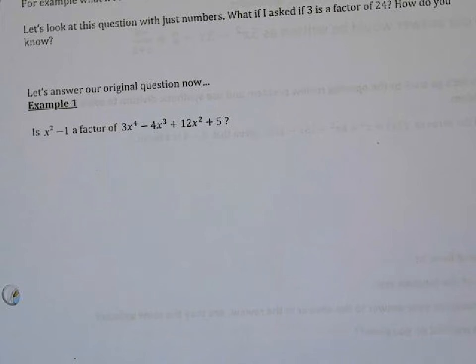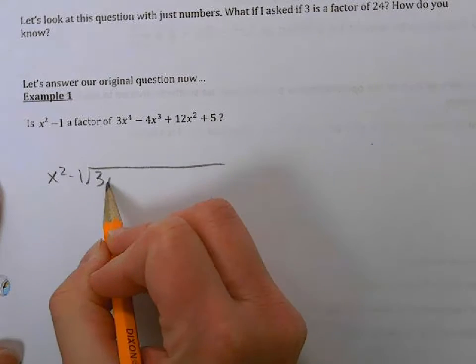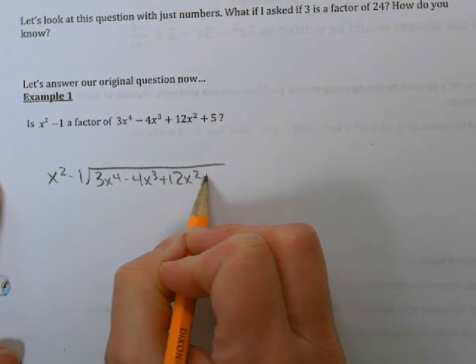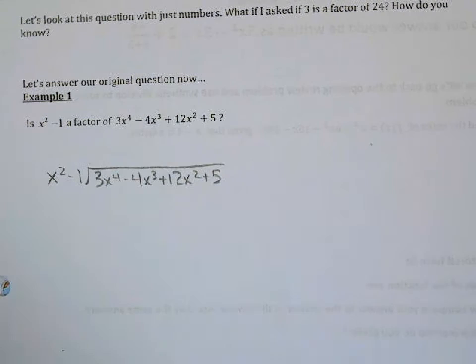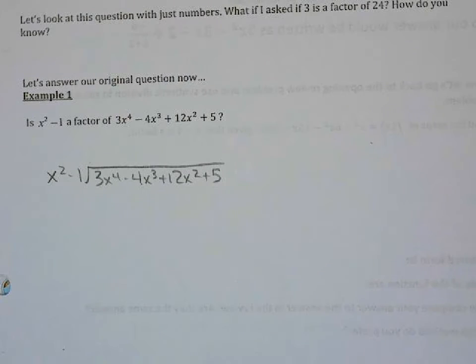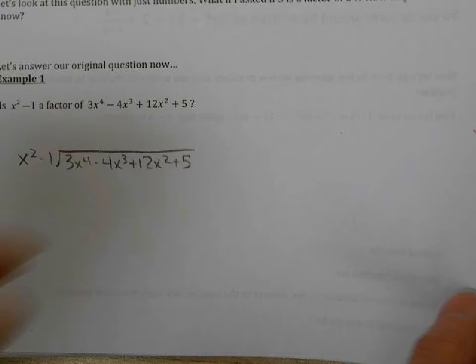You're not going to actually do it, but what would I do if you had to do this problem? You would actually divide this, right? You would do long division, and when you were done, you would take a look at the remainder. If I have a remainder, then the answer would be no, not a factor. If there's remainder 0, then the answer would be yes, it's a factor. Make sense? Okay, turn the page.